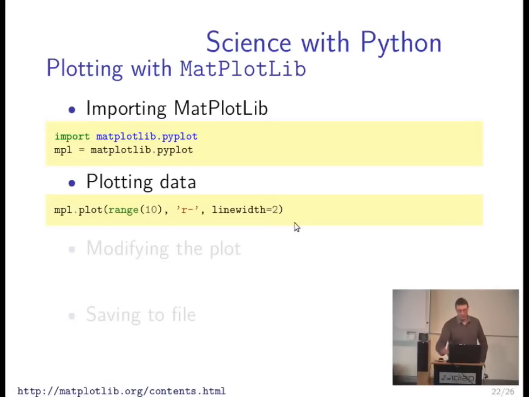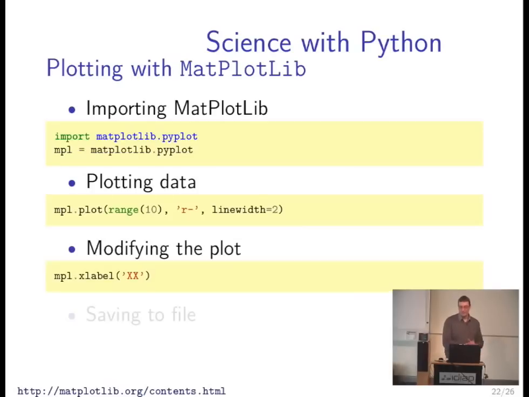I have no example how this looks, but then you can modify the plot. It's the same as you would do in MATLAB with pointing and clicking. You just do it here on the command line. You say you want to have an X label.